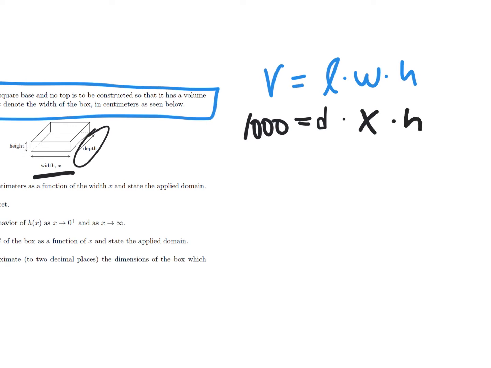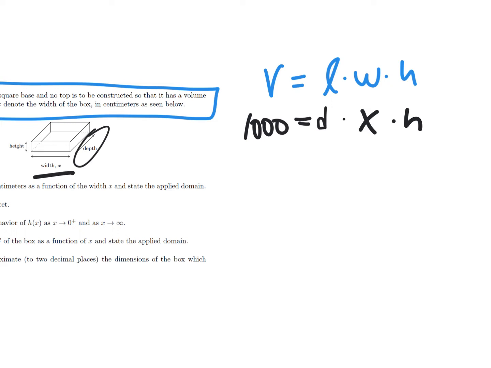There. But wait, they told us something else that I can use to modify this. Didn't they say something about the base of the box? Yes? So therefore that tells you what? The width and the depth are the same thing.